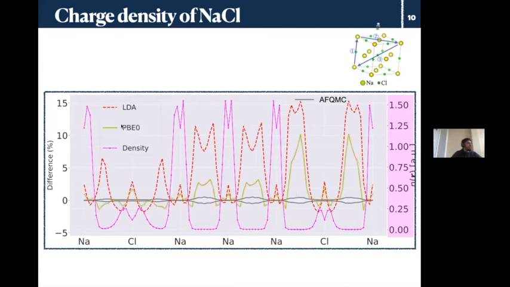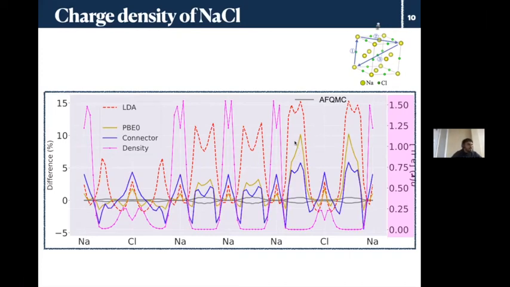Okay, here we have the PBE0. We see an improvement with respect to the LDA, but still not as accurate as the example of silicon. Then we have the connector, which corrects LDA and makes a big improvement in this region between the atoms, but yields a larger error on the atoms.